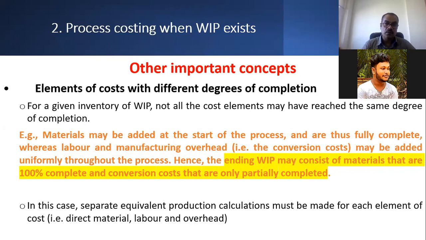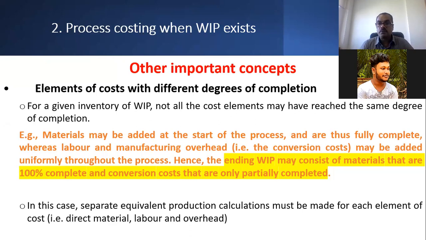In addition, with respect to certain cost elements, for simplicity we use 3 cost elements: direct material, direct labor, and overheads. Normally we assume direct materials, even in the case of finished goods or work in progress, are fully used.